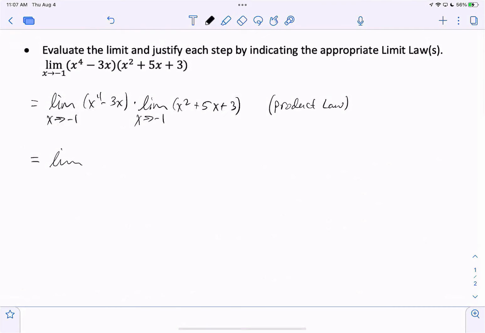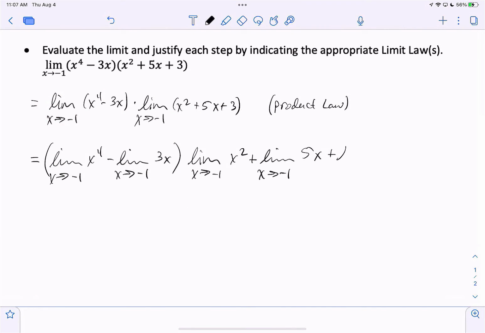So we've got the limit as x approaches negative 1 of x to the fourth minus the limit as x approaches negative 1 of 3x, all of that times the limit as x approaches negative 1 of x squared plus the limit as x approaches negative 1 of 5x plus the limit as x approaches negative 1 of 3. All of that's multiplied together. And what we used there were the sum and difference laws.